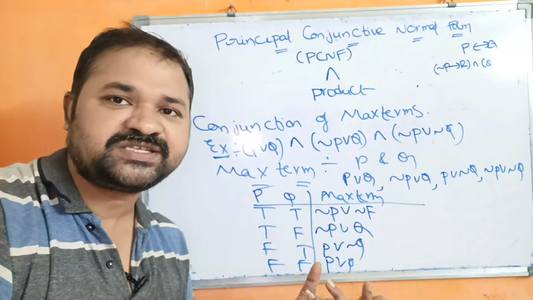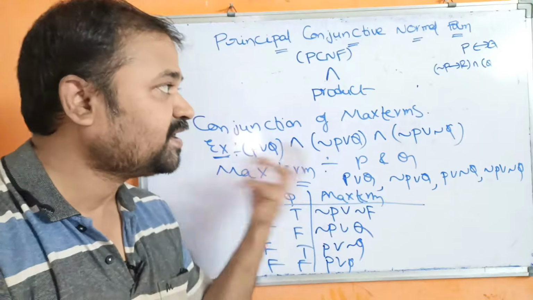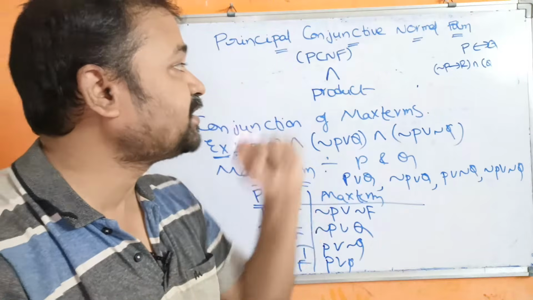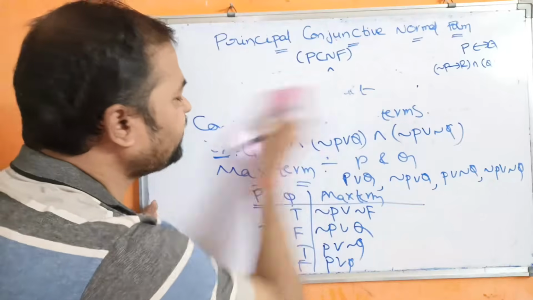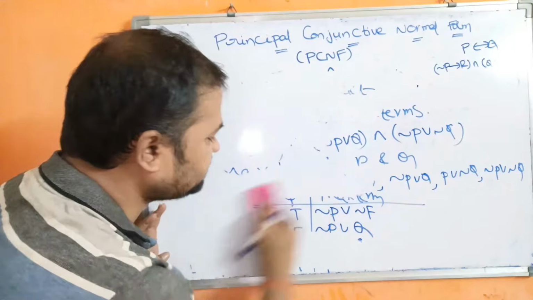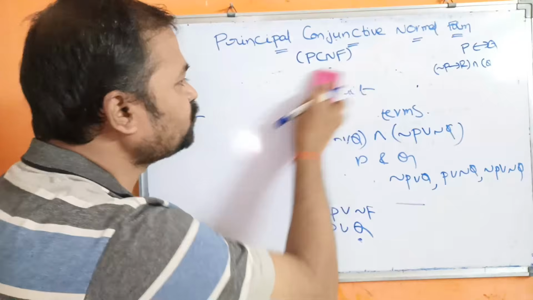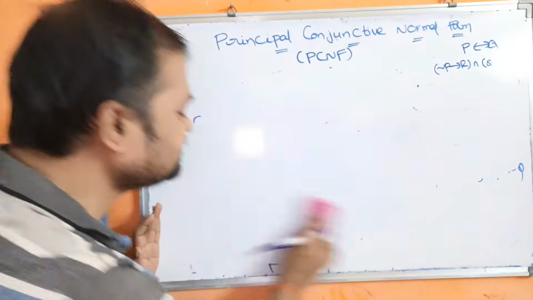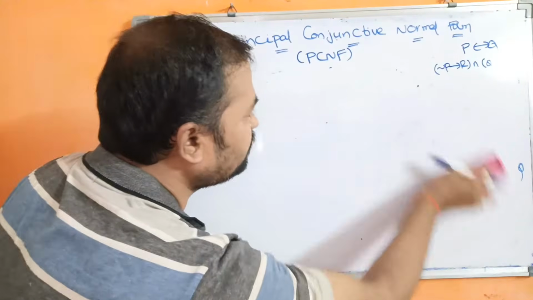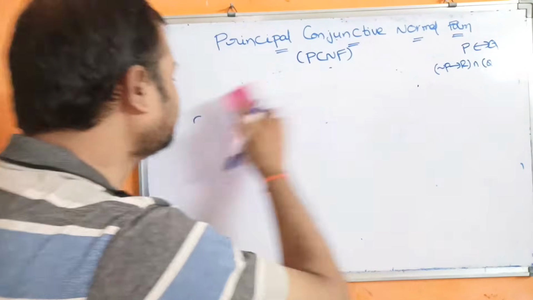So this is about what is PCNF. Now let us see the methods to compute the PCNF. To compute the PCNF, there are two approaches. The first approach is by using the truth table. The second approach is without using the truth table. By using these two approaches, we are going to solve two examples. This is the first example, this is the second example.